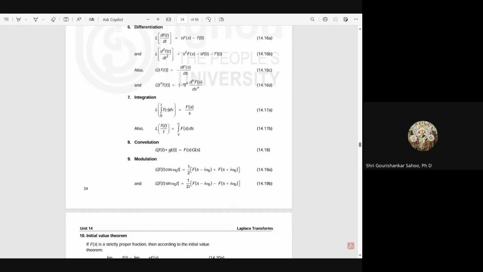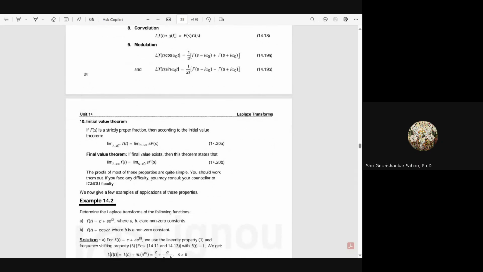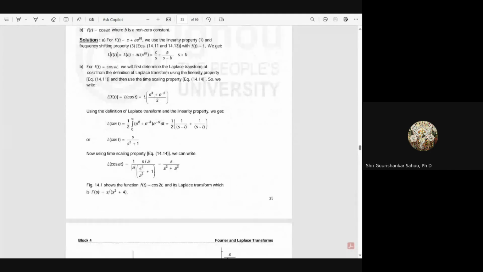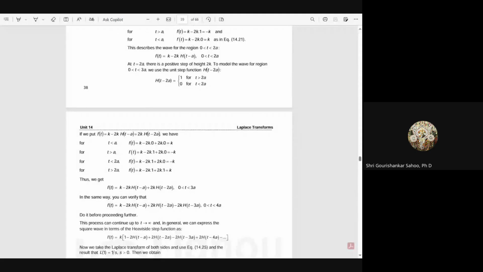Similarly, the sine function. Then the initial value theorem: limit t tends to 0 plus f(t) is equal to limit s tends to infinite s F(s). Final value theorem: limit t tends to infinite f(t) is equal to limit s tends to 0 s F(s). So these are all about the Laplace transform, like that of the Fourier transform.